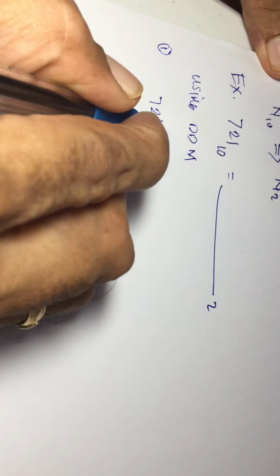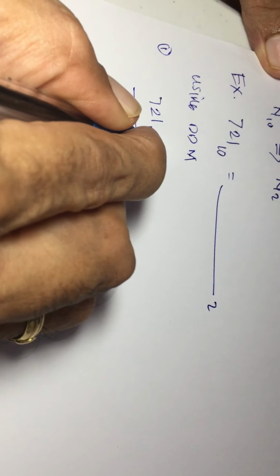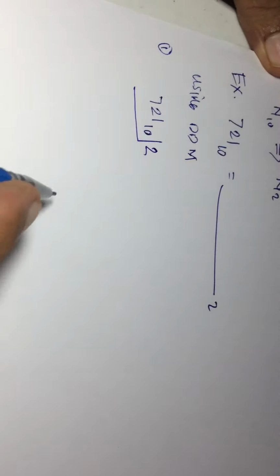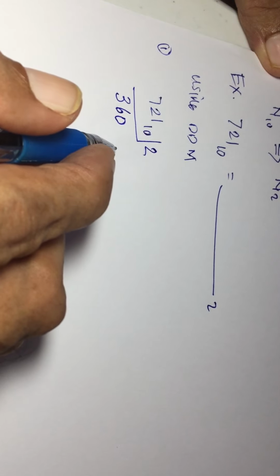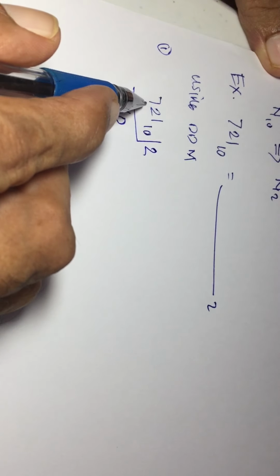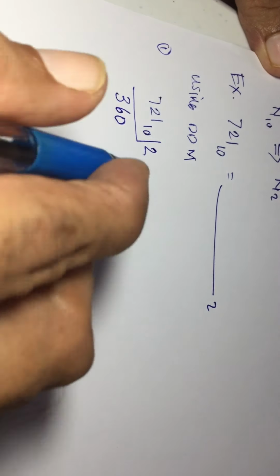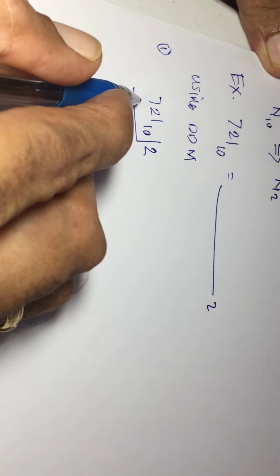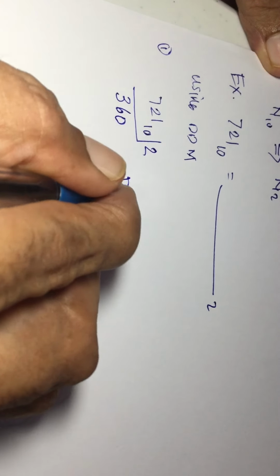Alright. So, continuously divided by 2. Okay. So, there is 360. The moment we divide 721 by 2, 360 times 2, we have 720. Minus 721, we have remainder 1.